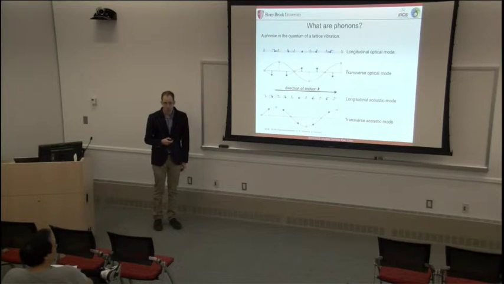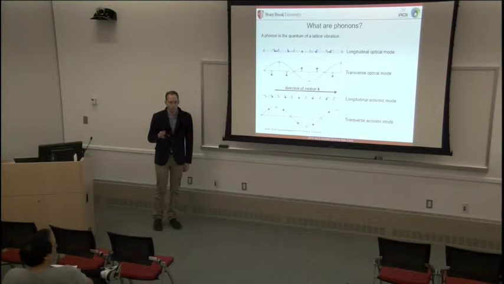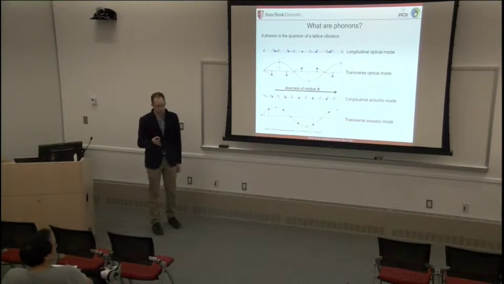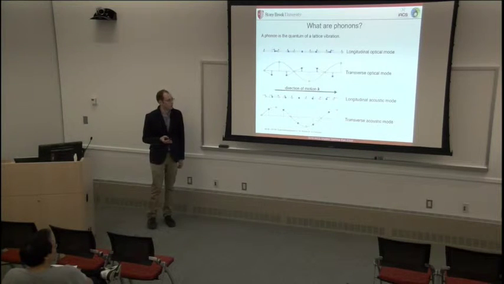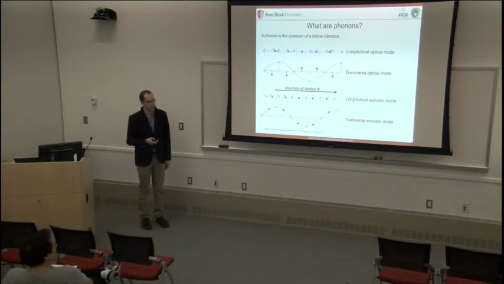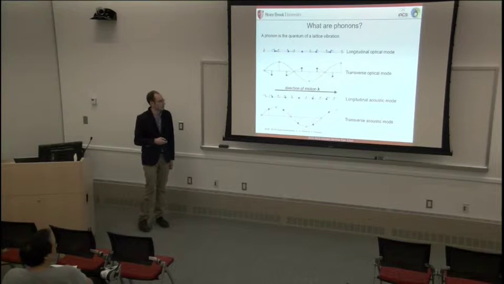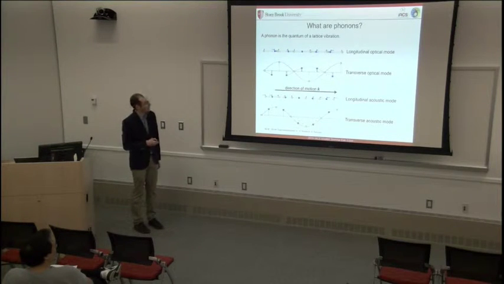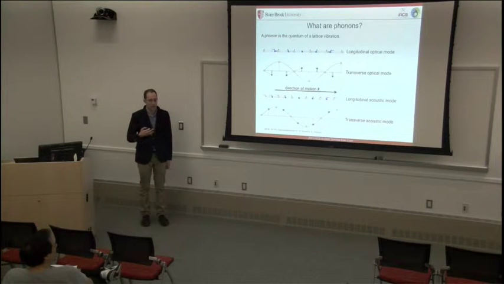And so for the people here who are not physics majors, it's important that I discuss phonons and the different types of phonons. A phonon is the quantum mechanical unit of lattice vibration.